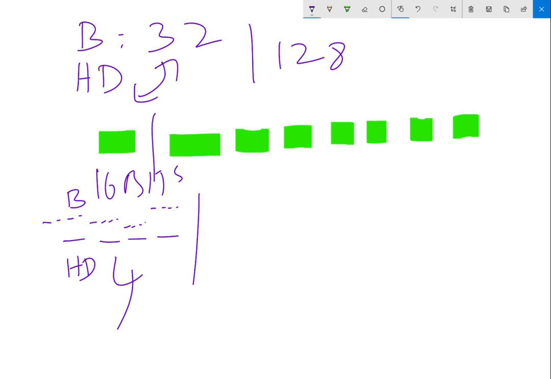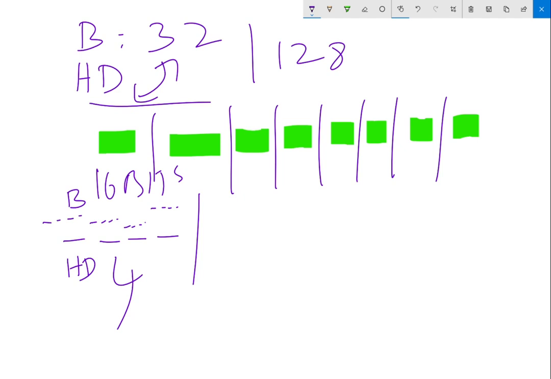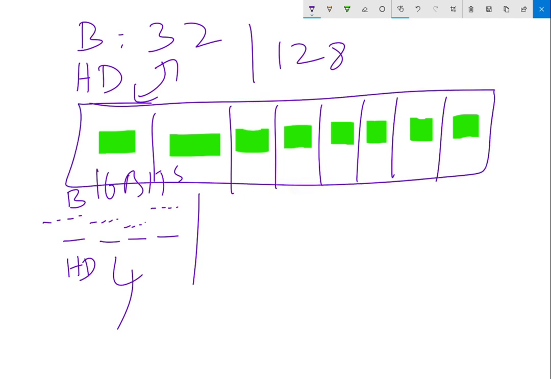Do you get me? So 1, 2, 3, 4, 5, 6, 7 and 8. So this is the structure of your IP version 6. Right? I will make you clear again. I will repeat this portion again.